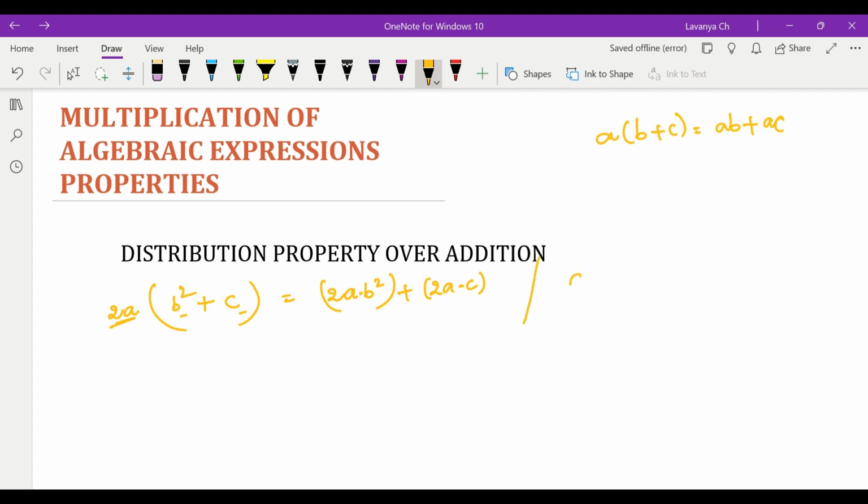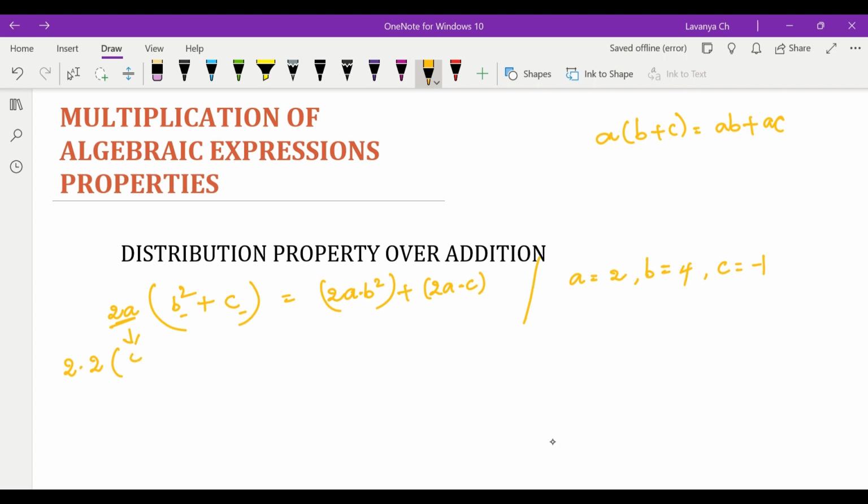Let us take a equal to 2, then b equal to 4, c equal to minus 1. From the left hand side, we'll substitute the values. 2 into a is 2, brackets open.